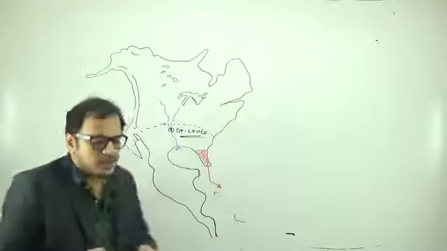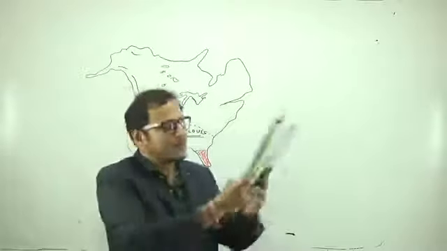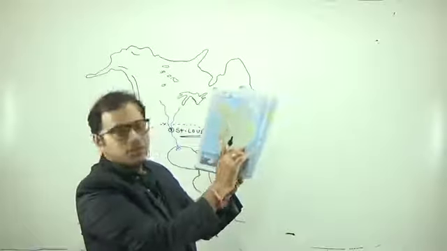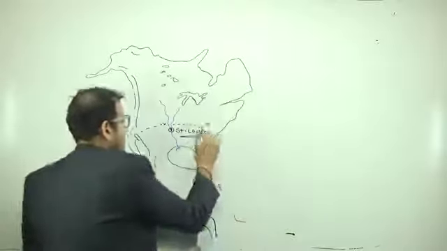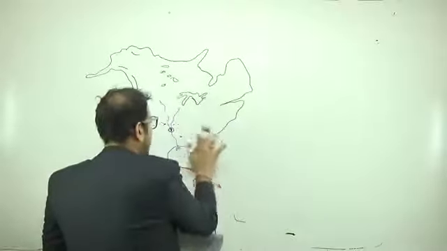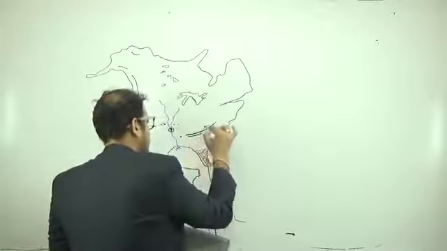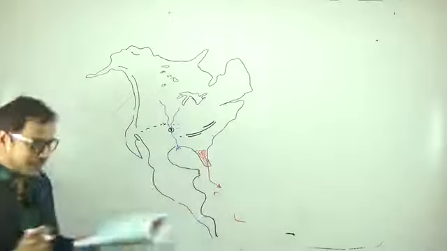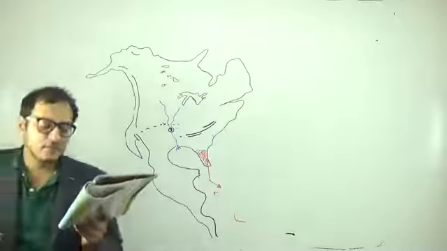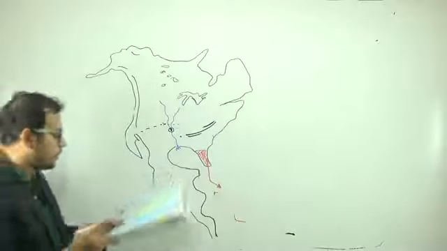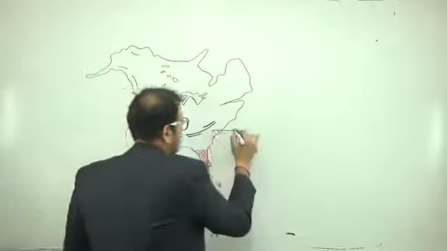These are known as the Eastern Highlands because from the atlas you will see that it consists of the Appalachian Mountains. So the mountains which are present here are the Appalachian Mountains. They are known as the Appalachian, Allegheny and the Blue Ridge Mountains. So what are these mountains? These are Appalachian Mountains.